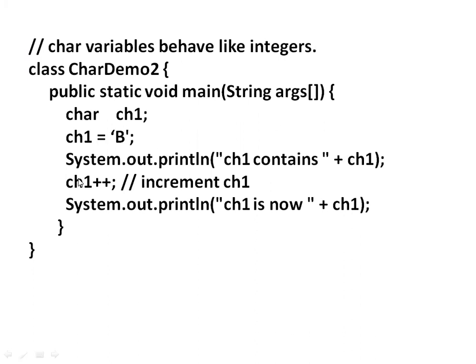Afterwards, I am incrementing this. That means I am performing an arithmetic operation on ch1, ch1++, I said incrementing. So when I increment, B plus 1 is done. So what happens when you do incrementation?